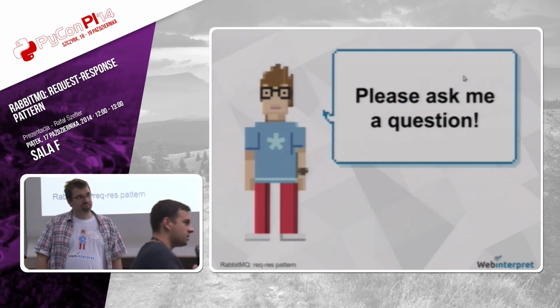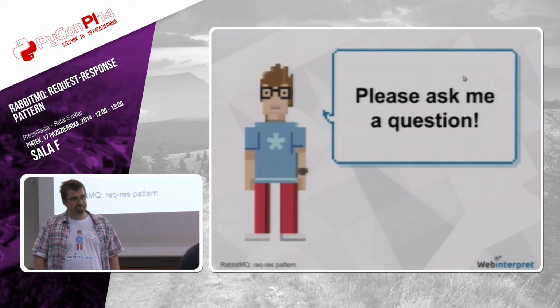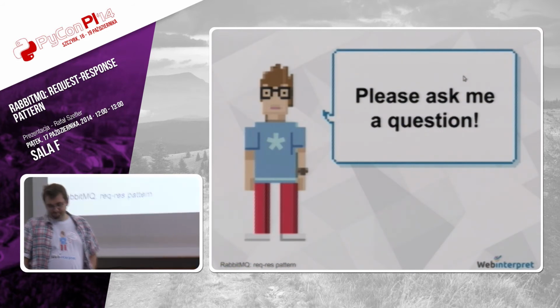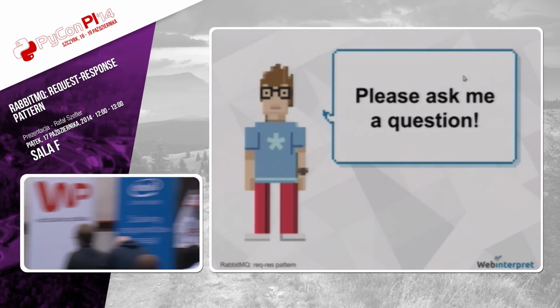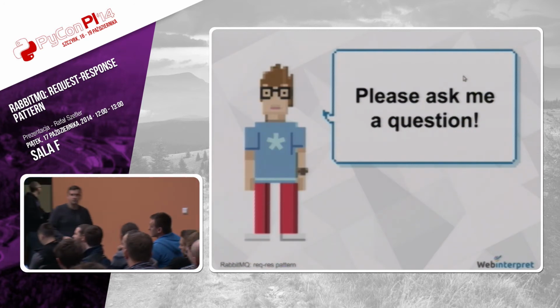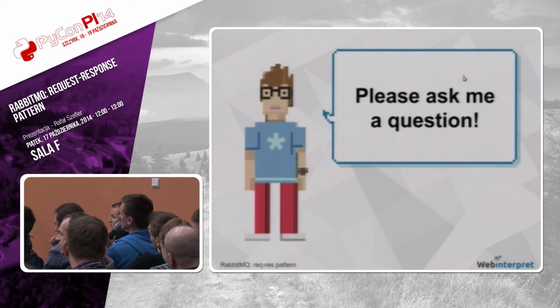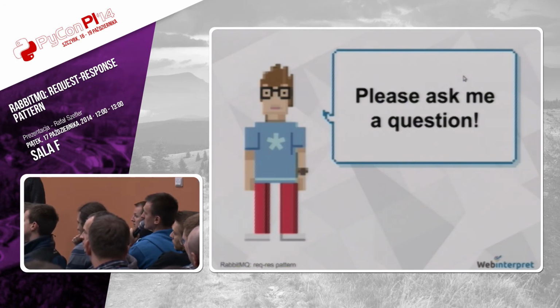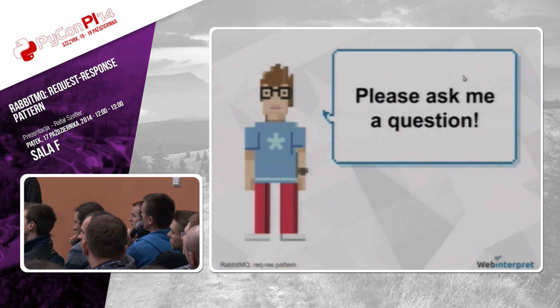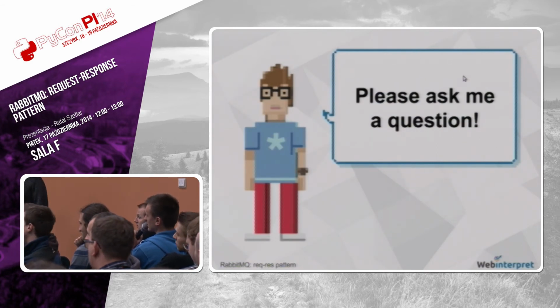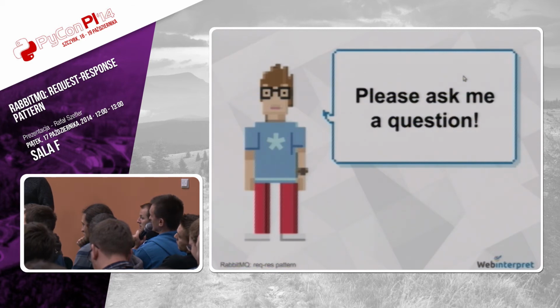Are there any more questions? So again, about debugging the issues with RabbitMQ. You said that it may happen that some of the queues will have plenty of messages, and we know that some of these messages probably are the ones which are not valid currently.